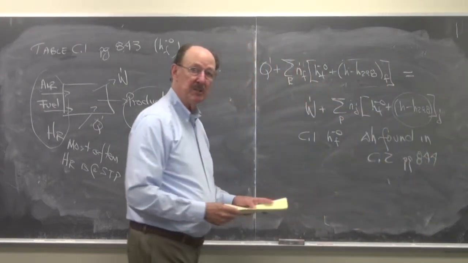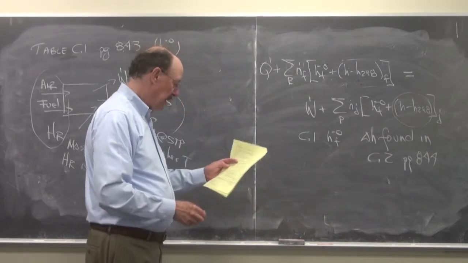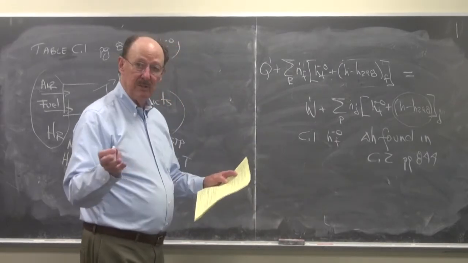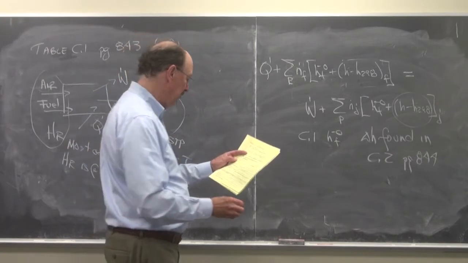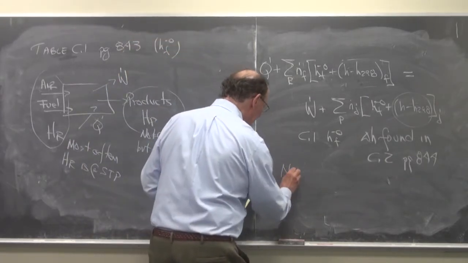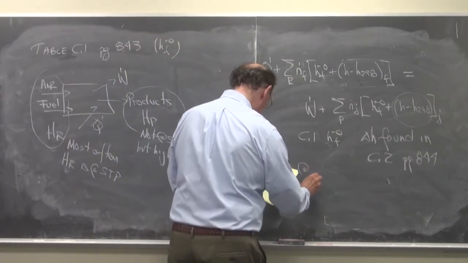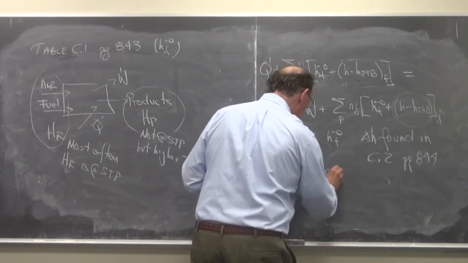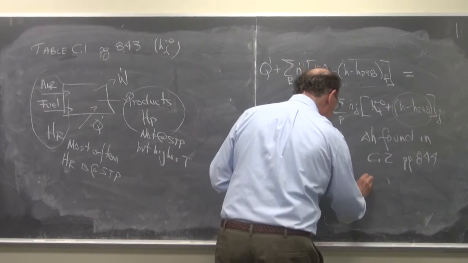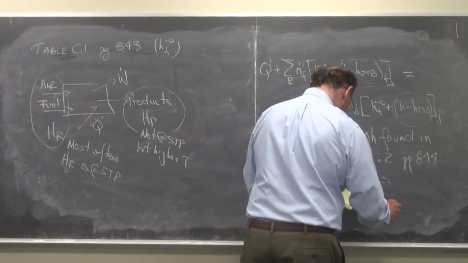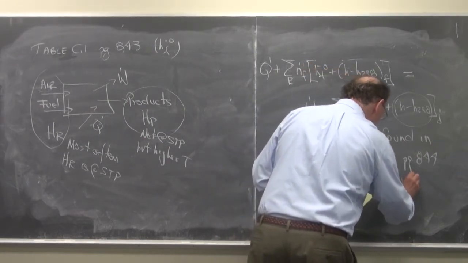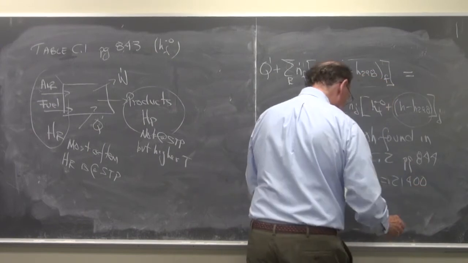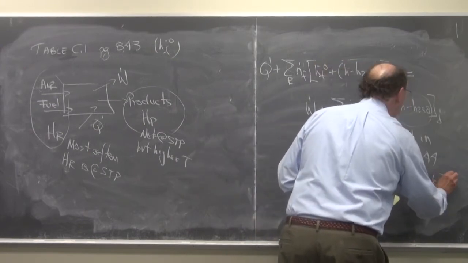So just so you have an example of that, turn to that page, and for instance, for nitrogen at 1,000 degrees K, you should find that delta H is equal to 21,460 kilojoules per kilogram mole.